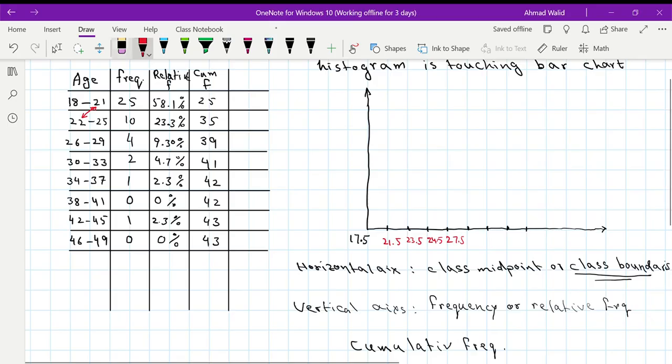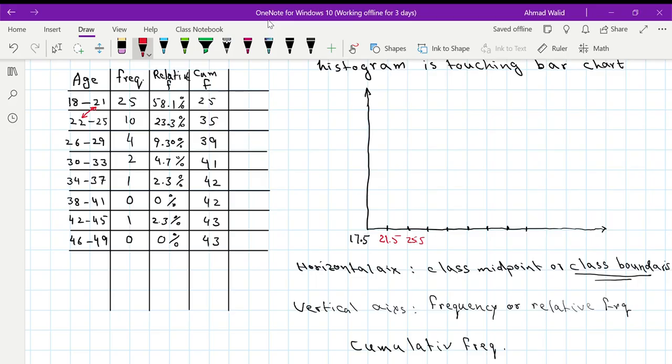I'm sorry, let me correct this data because I don't want to put wrong numbers. The class difference is 4, right? If the first one is 17.5, next one add 4 on the top of this, it gives you, let's go easy way, 21.5. Next one will be 25.5.